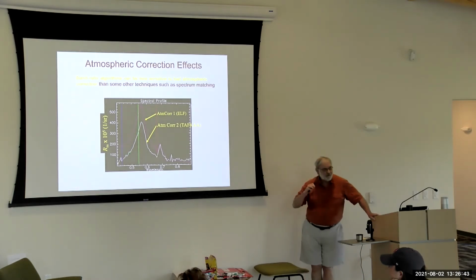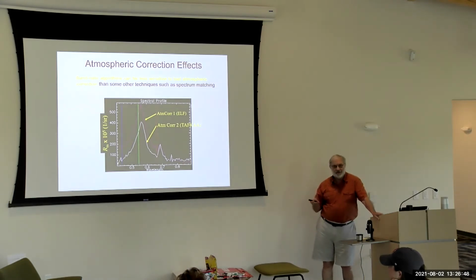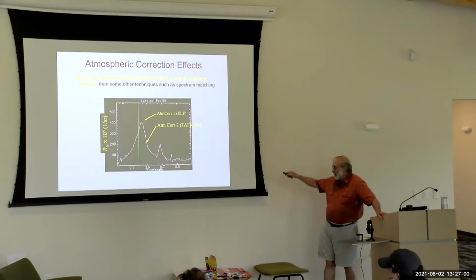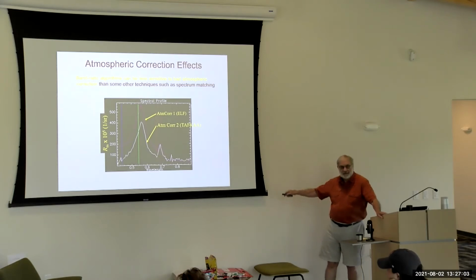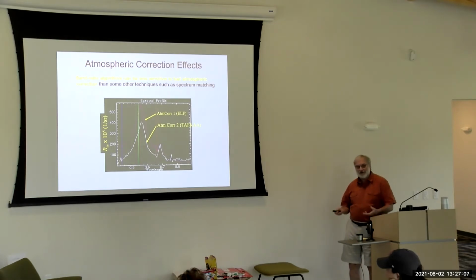So one of the virtues of the band ratio algorithms back in the days of CZCS, when the atmospheric correction was really crude, basically pencil and paper almost, was that the retrievals were not too sensitive to errors in the magnitude of the spectrum. So that was good. What's bad about it is you've thrown out some magnitude information.